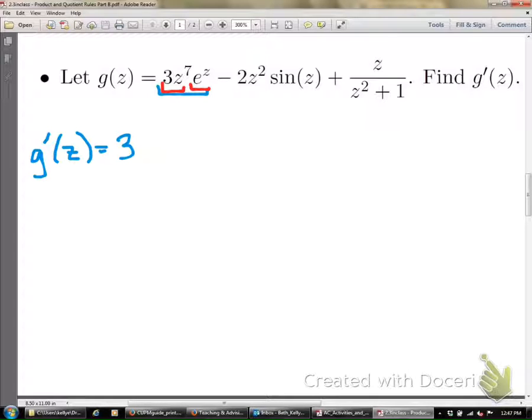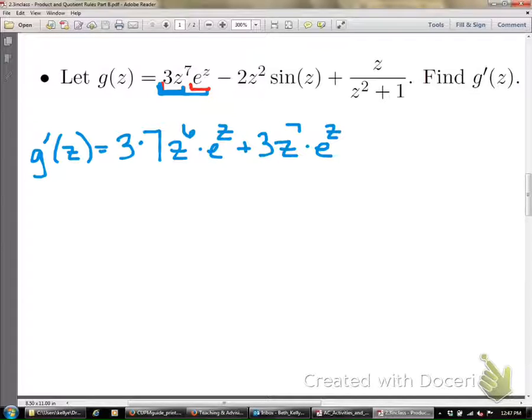So let's take 3 times the derivative of z to the 7th, so 7z to the 6th times e to the z. So we took the derivative of the first part and left the second part alone, plus 3z to the 7th, we leave the first part alone, times the derivative of the second, which is e to the z.